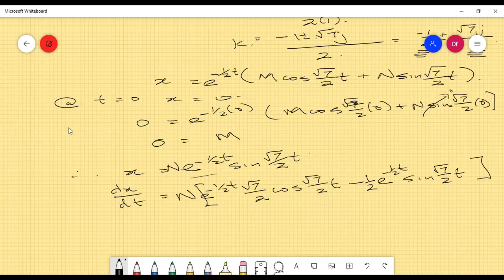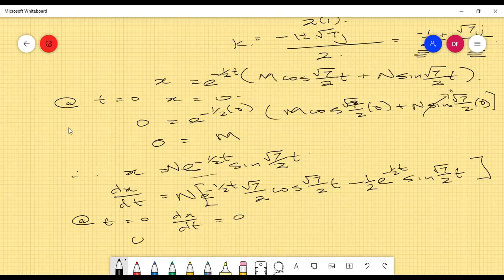So we say that at t equals 0, dx by dt equals 0. So therefore, we're going to plug in 0 everywhere we see dx by dt and we see t.